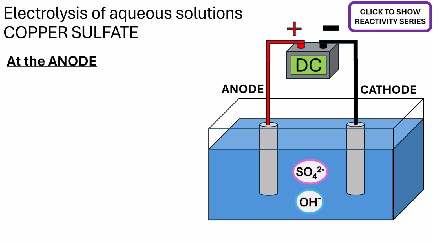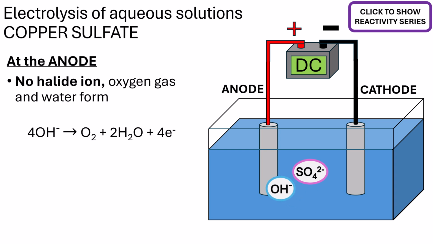So we're going to start with the anode, and using our rules from before, copper sulphate does not have chlorine, bromine, or iodine in it, so it has to release oxygen gas at the anode. Remember, oxygen gas is O2, which means that we need two oxygens, and the oxygen actually comes from the hydroxide.